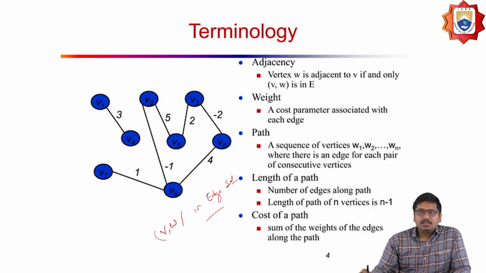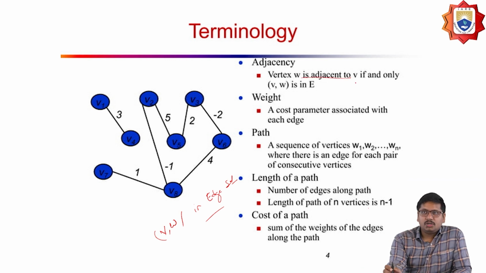So adjacency means a vertex W is adjacent to V if and only if VW is in the edge set, and the weight is a cost parameter associated with each edge. The path is a sequence of vertices W1, W2, and so on Wn, where there is an edge for each pair of consecutive vertices. The length of the path is the number of edges along the path, and the length of a path of n vertices is n minus 1.